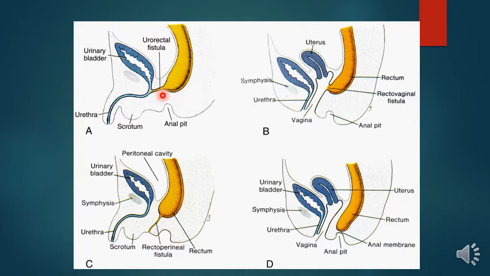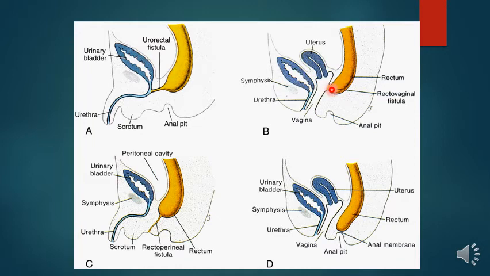Another one is the rectourethral or rectovaginal fistula. Here is the vagina. So here we are seeing a rectovaginal fistula, and you can see the communication between the rectum and the vagina.